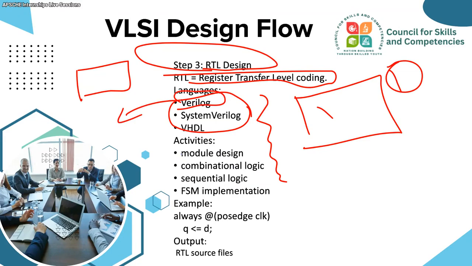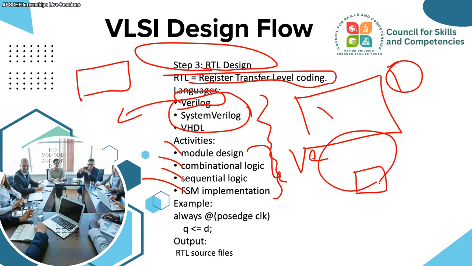The activities are module design, combinational logic, sequential logic, finite state machines. These are the things we are going to do using Verilog. So this is the RTL design flow. By using AND gate, OR gate, and NOT gate, you can develop your own computer. How do you automate this in hardware?